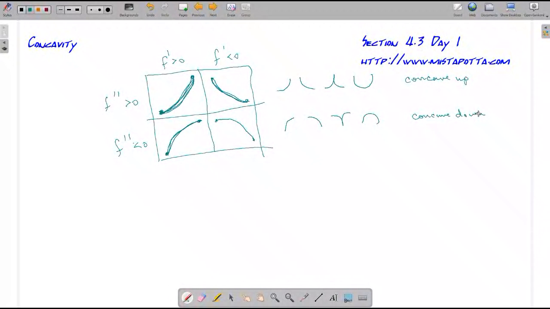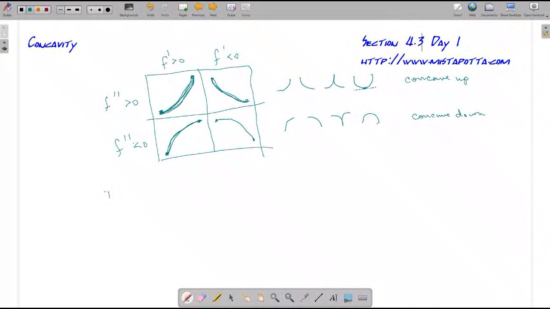Because in the situation where my graph is concave up and I reach a critical point, then that means something special.